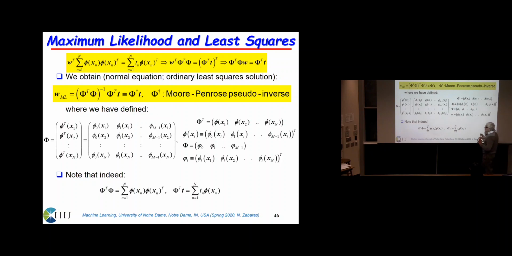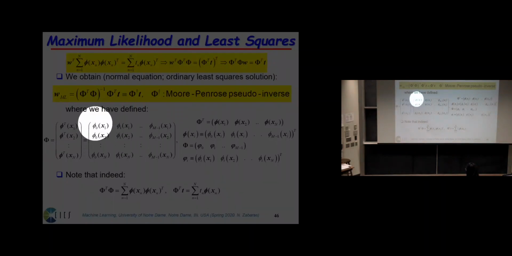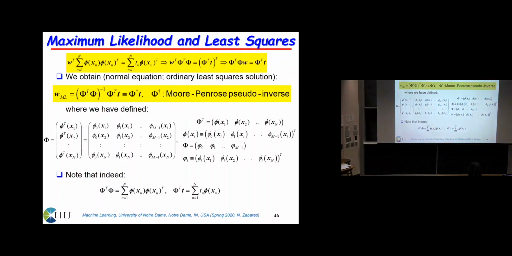Okay? And I want you to look at this design matrix for n training data, because the idea is universal for any task in machine learning. So look at the design matrix and tell me, so this is capital phi. Each row corresponds to what? How are you going to remember what each row is? Look at each row. What is each row?